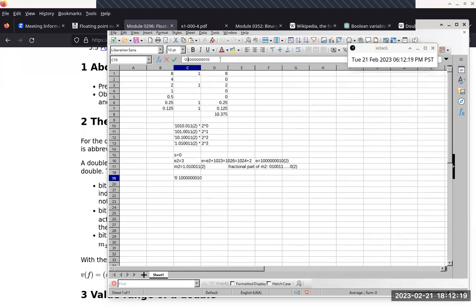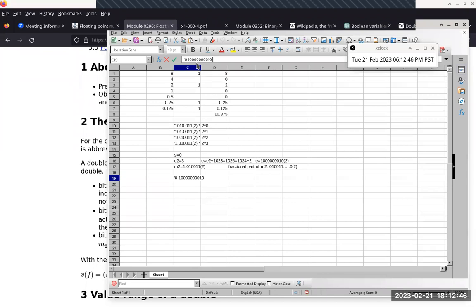I think I'm missing a 1 here. 1, 2, 3, 4, 5, 6, 7, 8, 9, 10. I'm missing a 0 in between. So there we go. Let me do one more count: 1, 2, 3, 4, 5, 6, 7, 8, 9, 10, 11. Okay, very good. I'm convinced now.